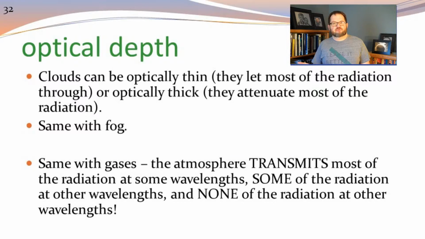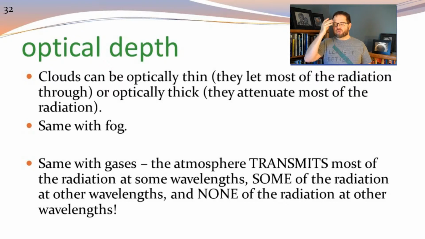There aren't actually all that many ozone molecules up there, but they are each individually so good that, for all intents and purposes, nearly none of the ultraviolet radiation from the sun actually makes it to the surface of the Earth. Enough that it can still cause sunburns and things like that, but the vast, vast majority of it is absorbed by the ozone layer. So we can talk about this with respect to gases.